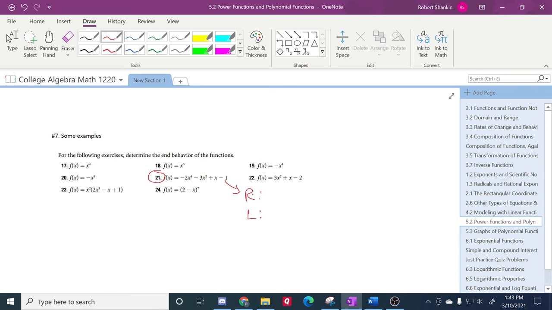Okay, group 5. What do you have for the end behavior of this? Left down and right down.